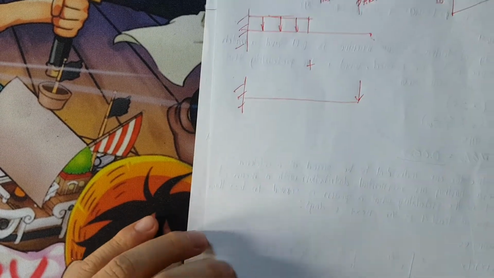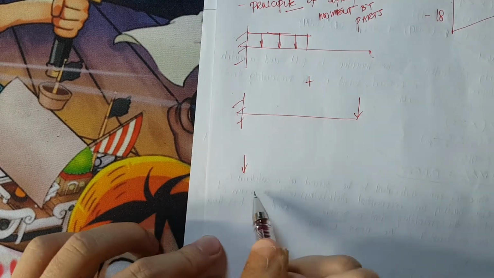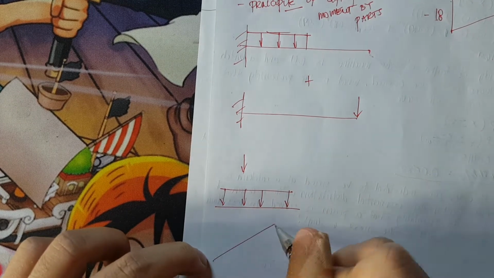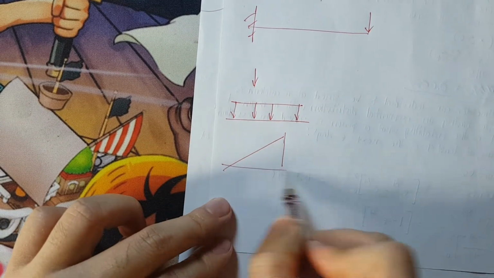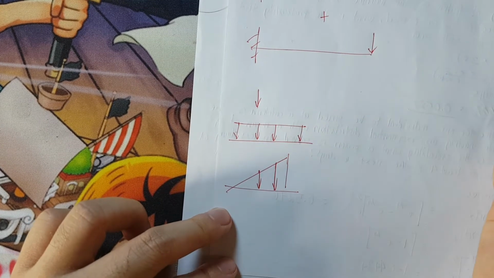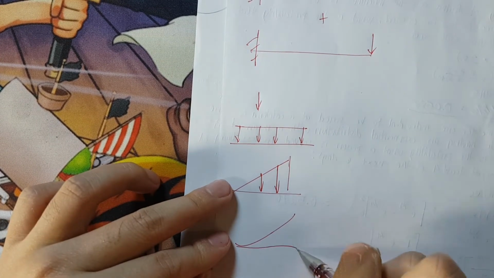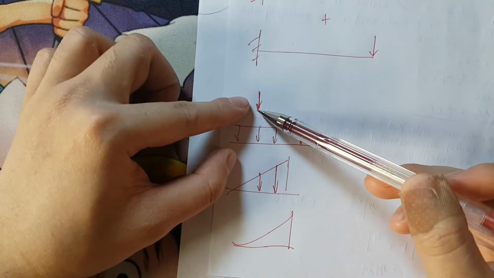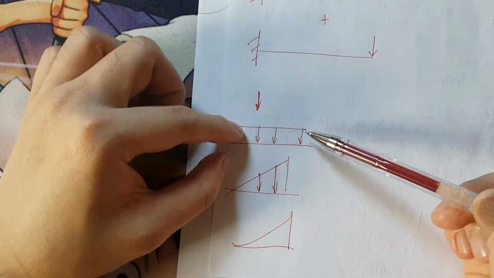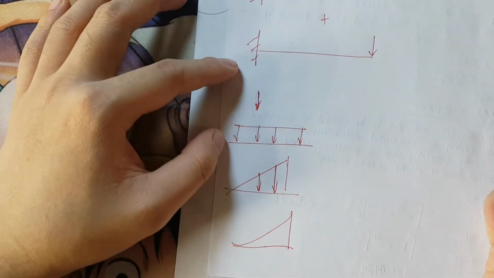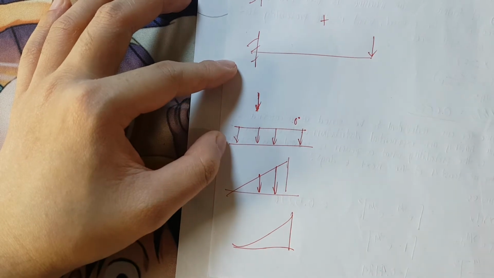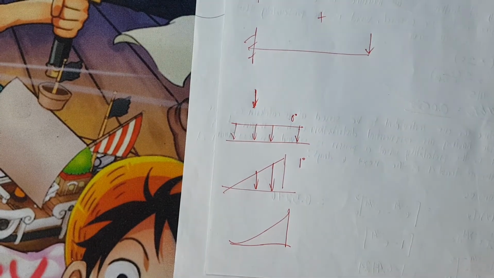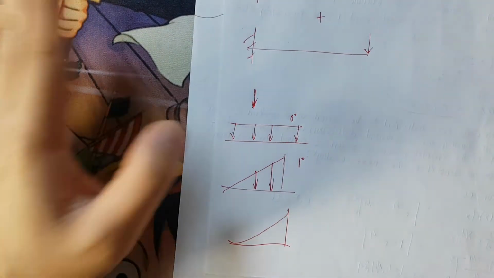If we are to recall our loadings, we have point load, uniformly distributed load, and we have the uniformly increasing load. Then after that, you have the parabolic load. Okay? So, pag nag-point load ka, point load ang given sa iyong diagram. Sa iyong shear diagram, it would be a uniformly distributed load, and that is a 0 degree. Then sa moment diagram mo, it would be a first degree, and that is a uniformly increasing diagram. Uniformly increasing load.